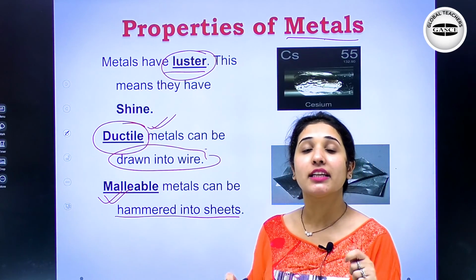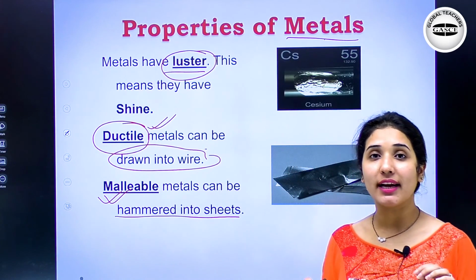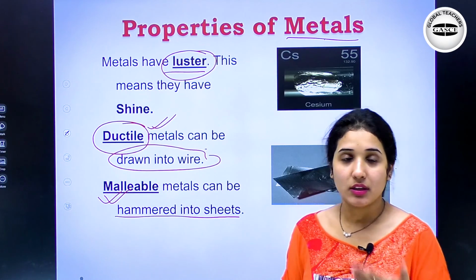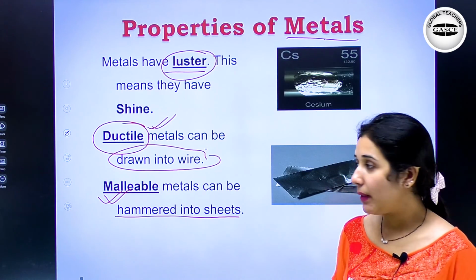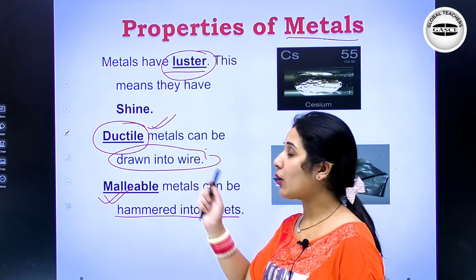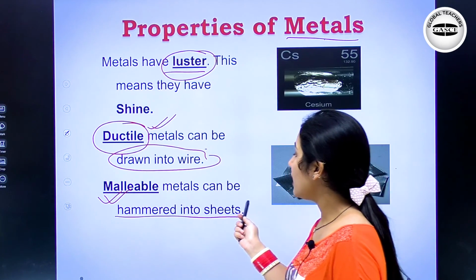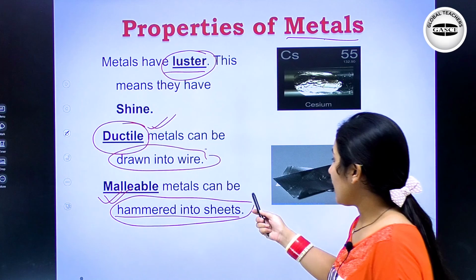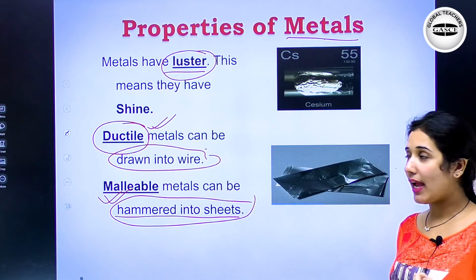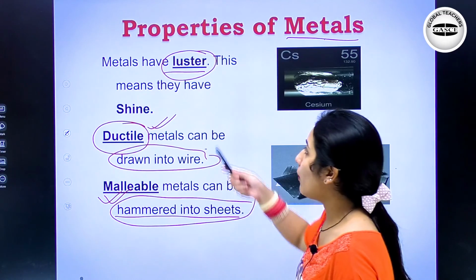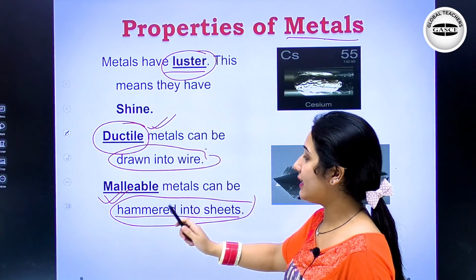We can easily tear aluminium foil with our hands, but you can easily have an idea about the hardness of a plane's body. It is because of the property of malleability that these metals can be converted into very thin sheets, and this property is known as malleability. So metals are lustrous, they are ductile, they are malleable.